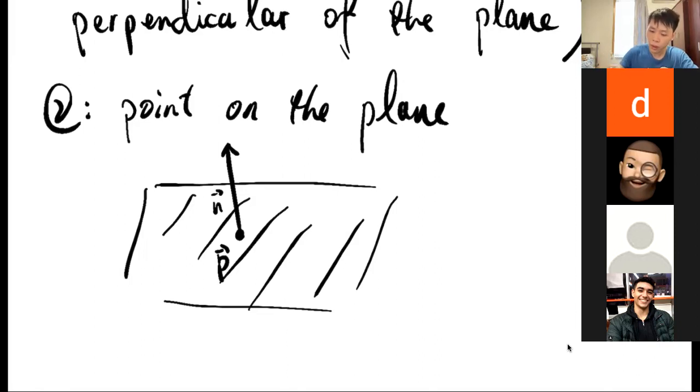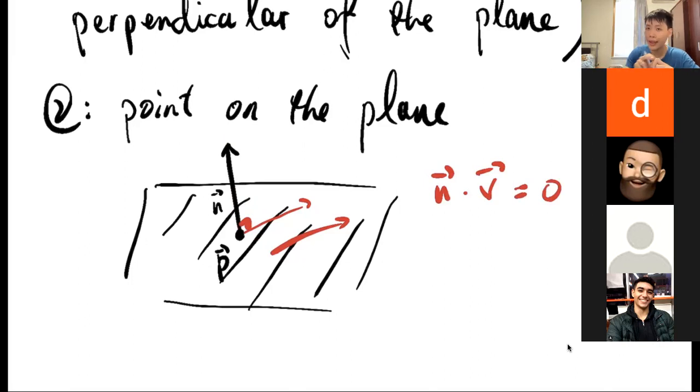So take, let's say, this vector, and move it so that it starts at the point P. This is the same vector, only the position is changed. Because these two vectors are perpendicular, that means n is perpendicular to v. What we know about perpendicular vectors is that the inner product is 0. Right?